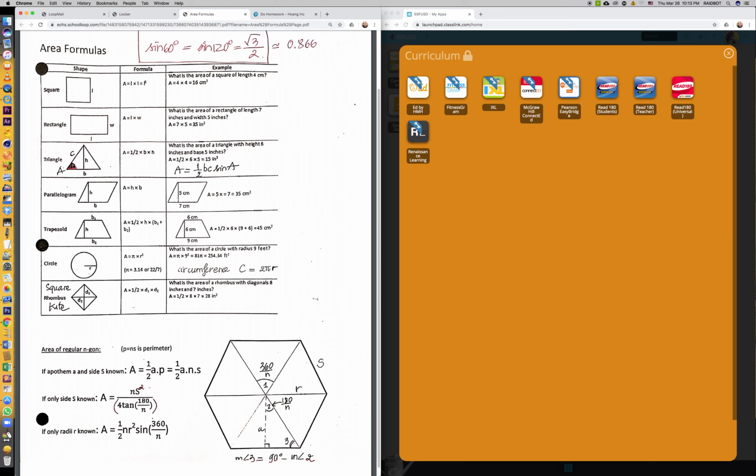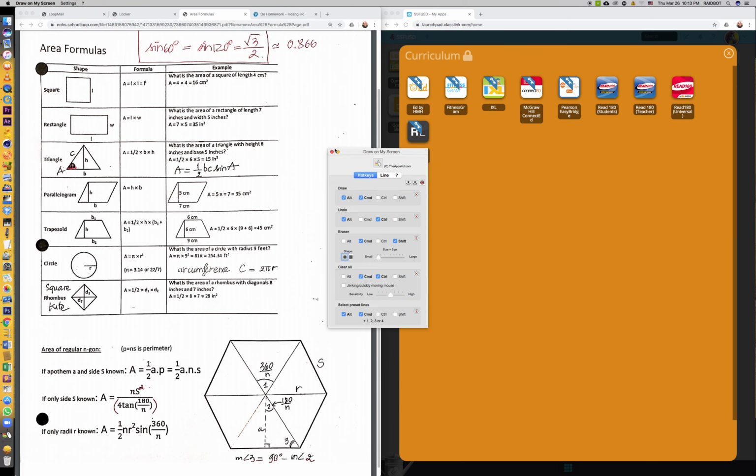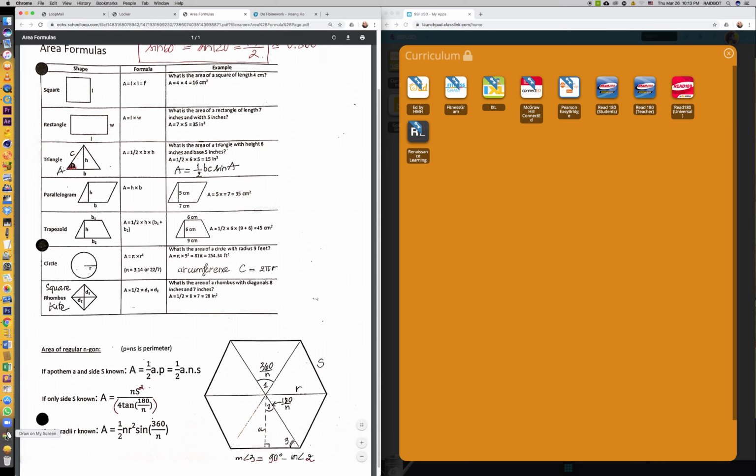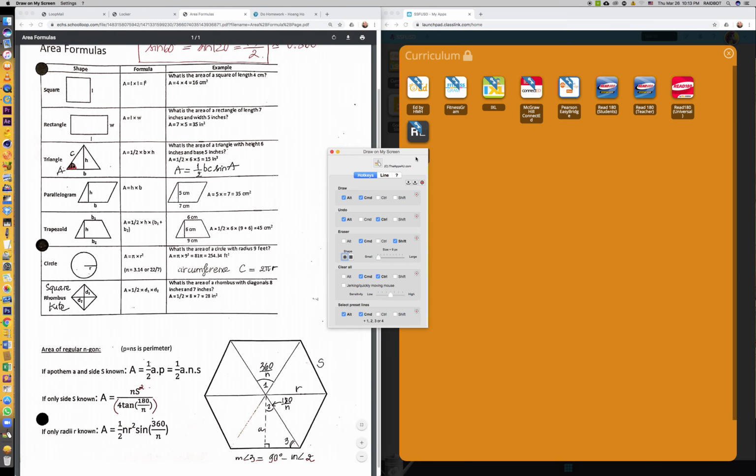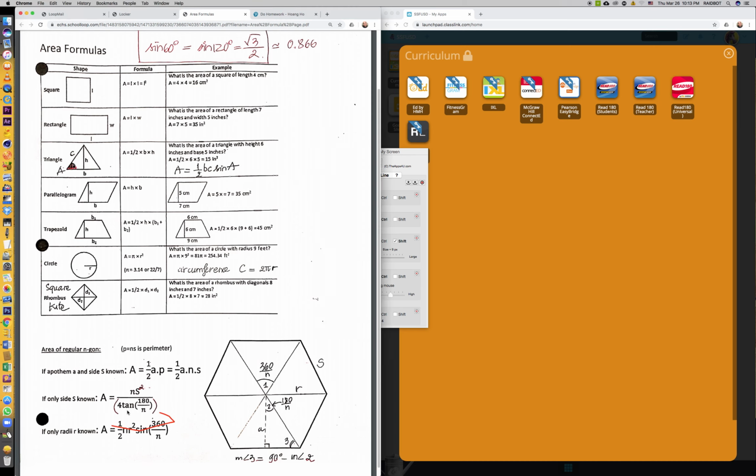So here's your formula. Area equals half n r squared sine of 360 over n. n is the number of sides, and r is the radius of your regular n-gon.